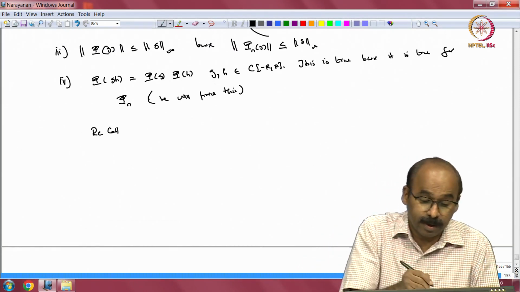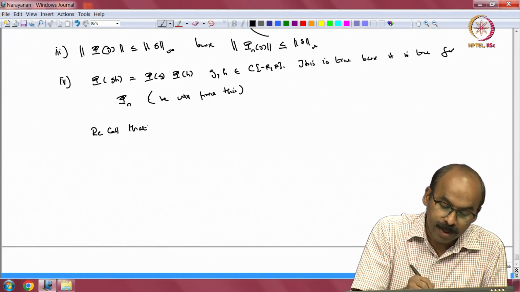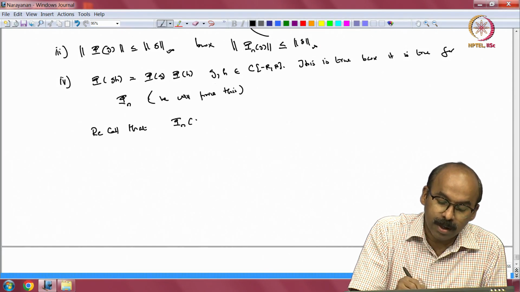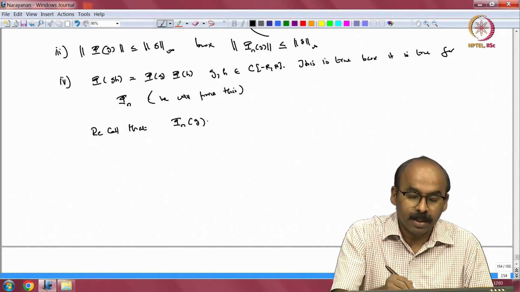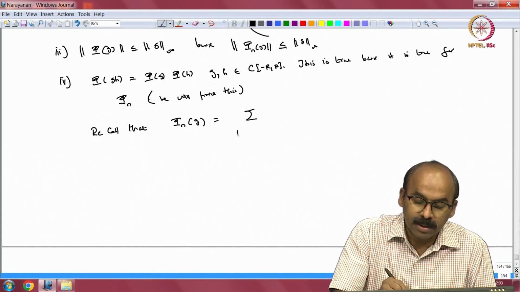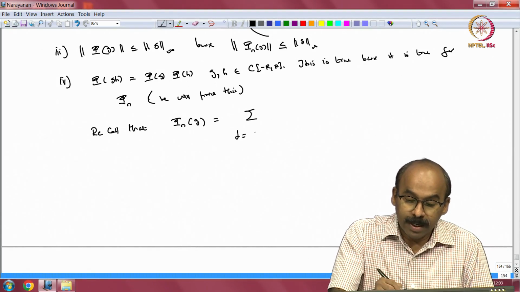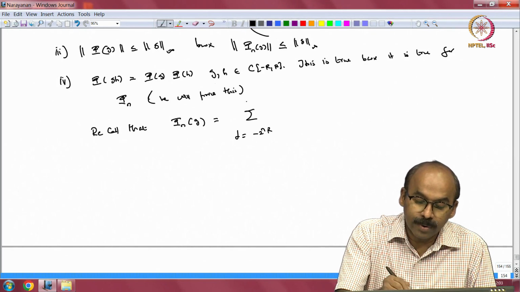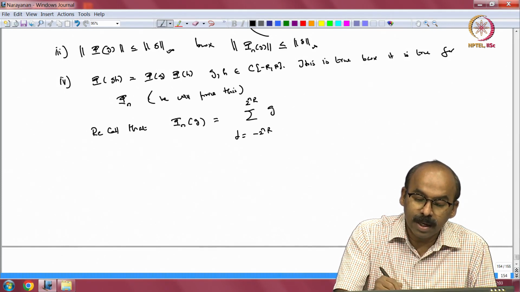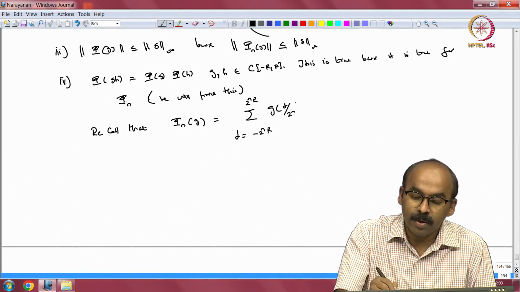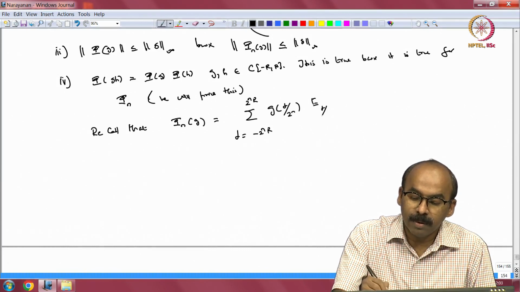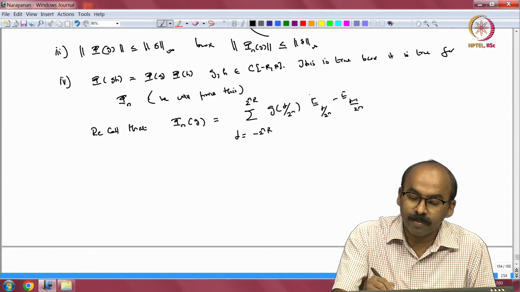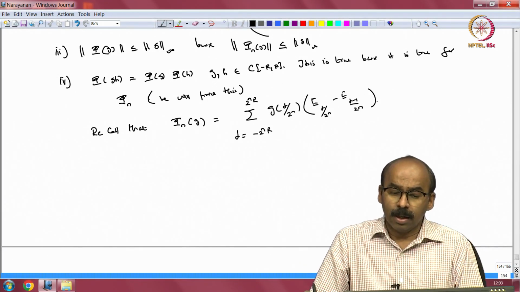So, recall that, let us write down the expression for phi n G again. So, this is summation j equal to minus 2 to the n r to 2 to the n r, right, G at j by 2 to the n, E j by 2 to the n minus E at the other point which is j minus 1 by 2 to the n, okay.